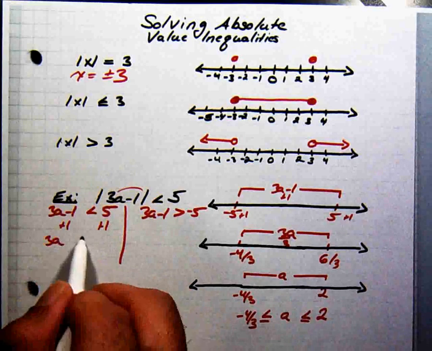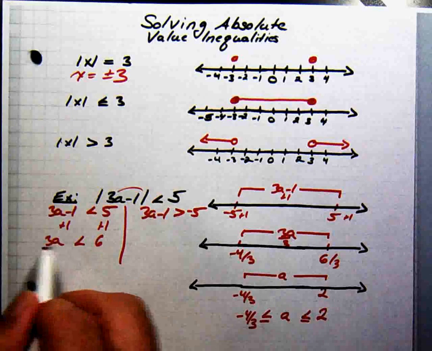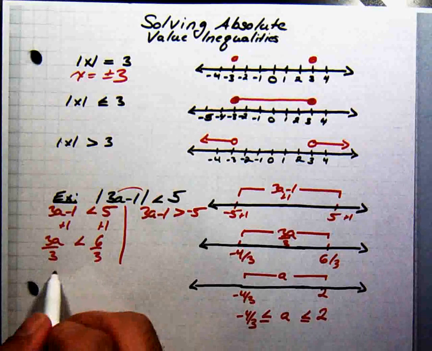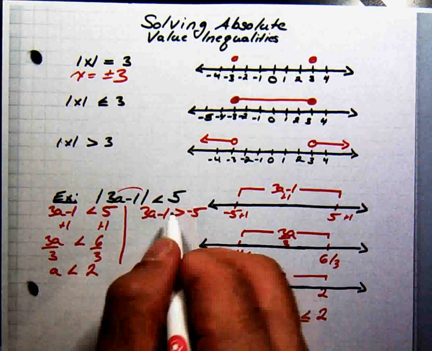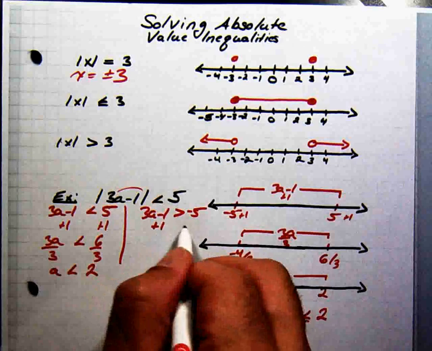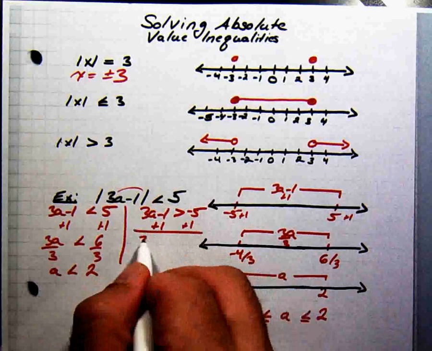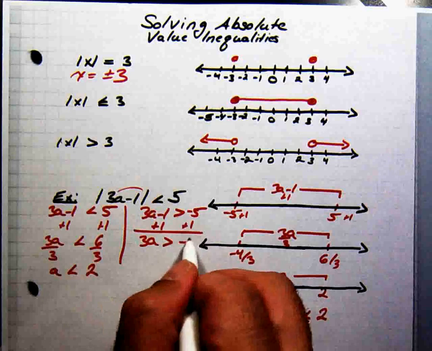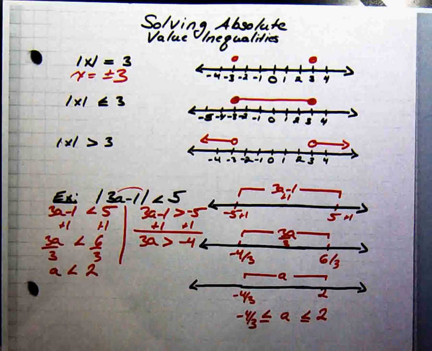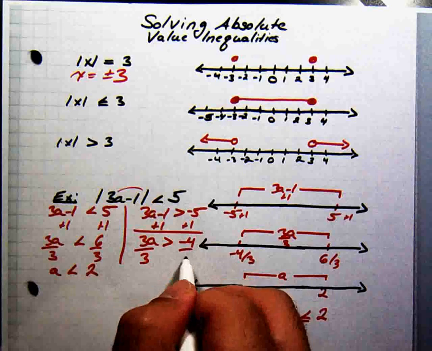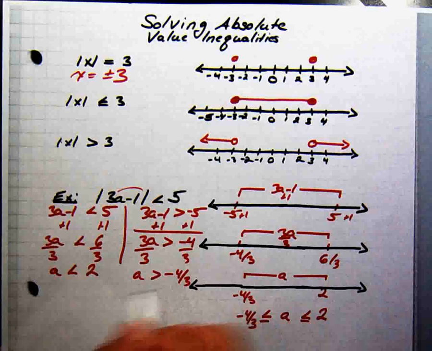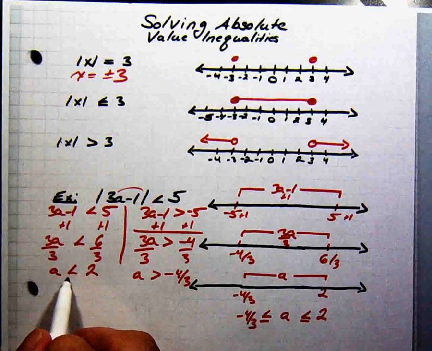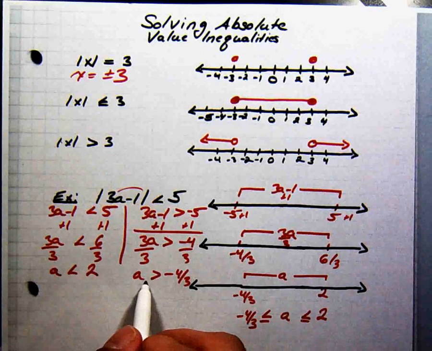We've got 3a is less than 6. Divide by 3, and we have a is less than 2. Now we're going to do this one. We're going to add 1 to both sides and get 3a is greater than negative 4. And dividing by 3, we have a is greater than negative 4/3.